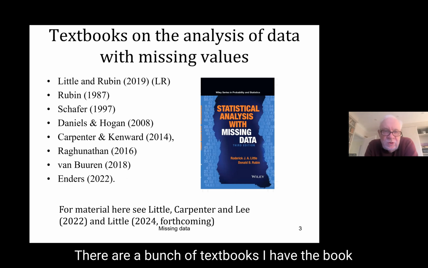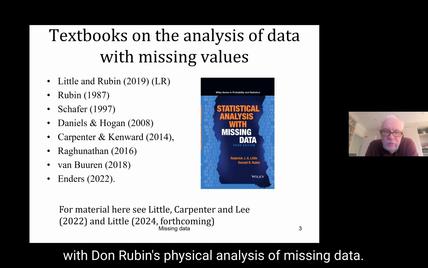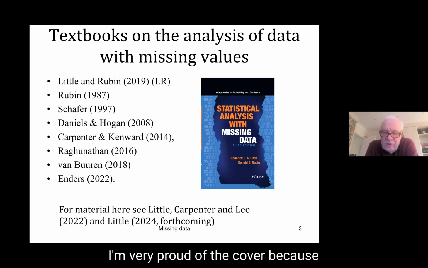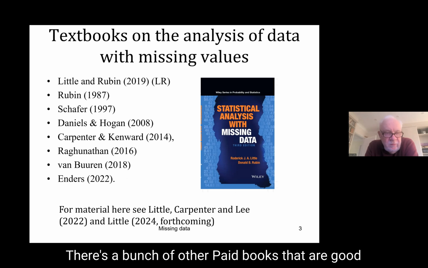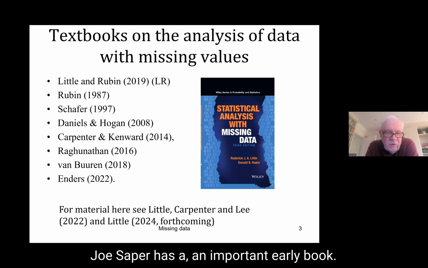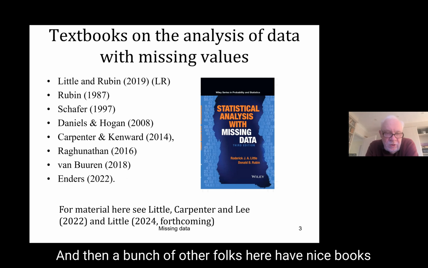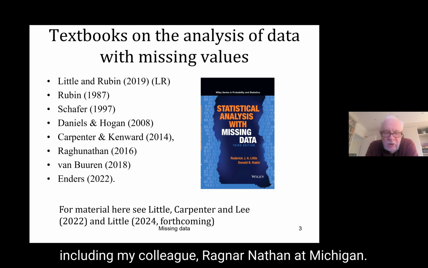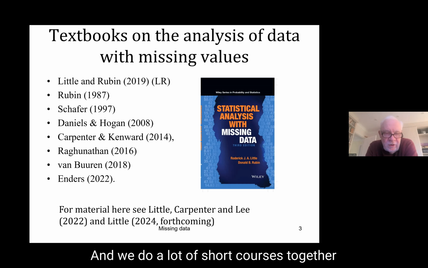There are a bunch of textbooks. I have the book with Don Rubin, Statistical Analysis of Missing Data. I'm very proud of this cover because I designed it a long time ago. This is now in its third edition. There's a bunch of other books that are good that I like. Rubin's Multiple Imputation book in 1987. Joe Schafer has an important early book, and then a bunch of other folks here have nice books, including my colleague Raghunathan at Michigan, and we do a lot of short courses together.